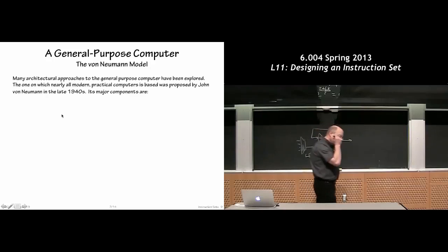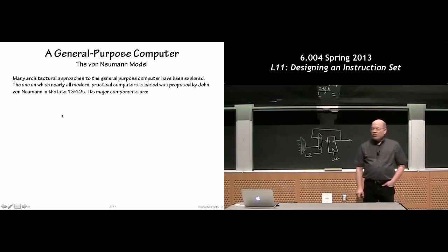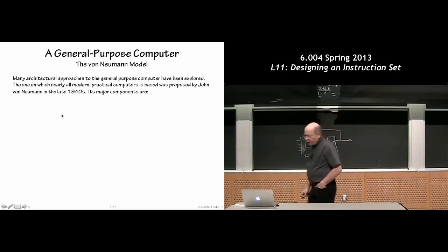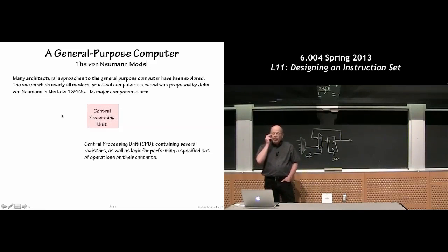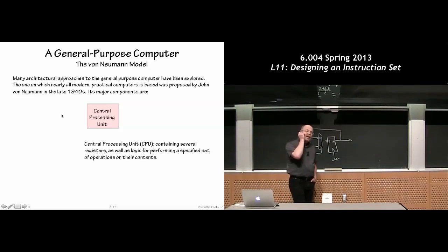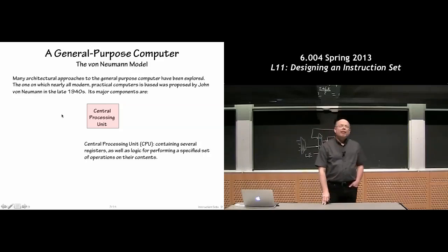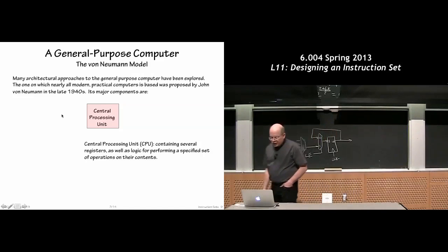And the person who really pioneered some of these very early architectures is John von Neumann in the 40s, and he described the following basic architecture for a programmable, electronic computer. He started off with a central processing unit, which contains the data path that we've described.